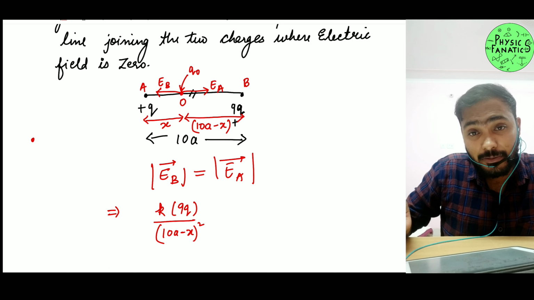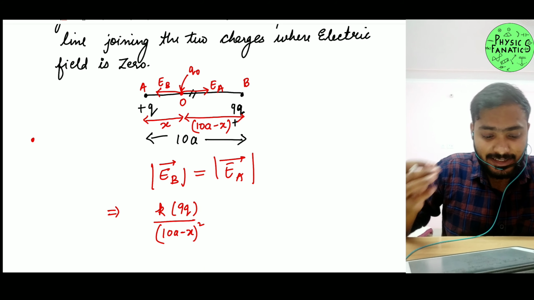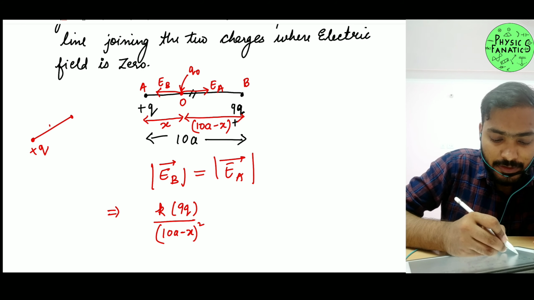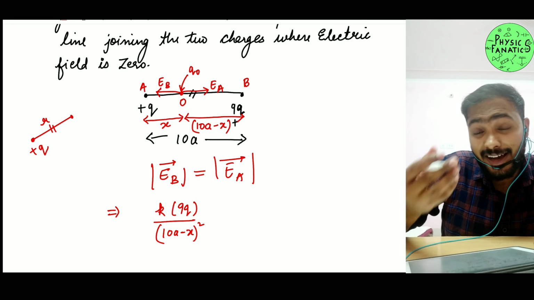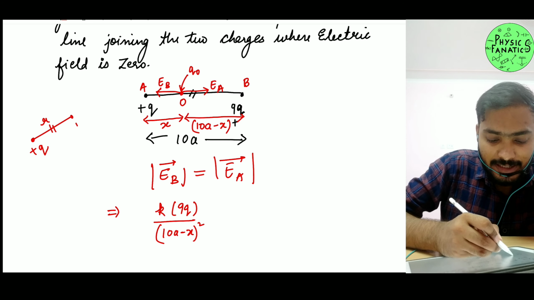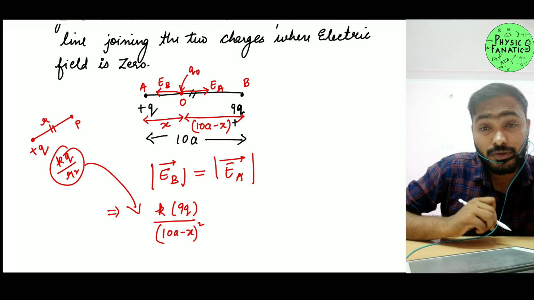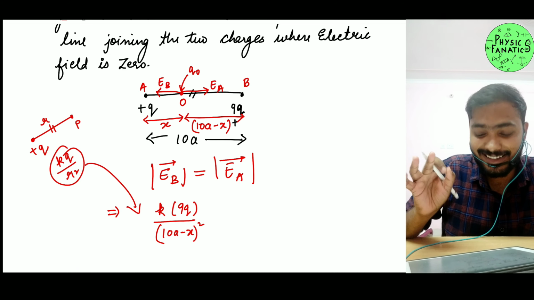I hope that is understandable, right? So what I have done is nothing but very simple. I have a plus q charge. Because of plus q charge, if I am supposed to find out electric field some r distance away, so let's say at point p, that can be given as kq upon r square. Same thing I have used here, right?